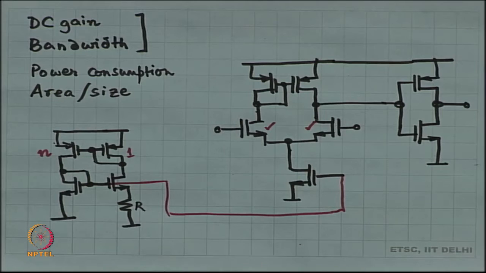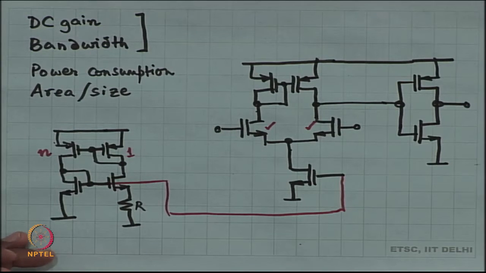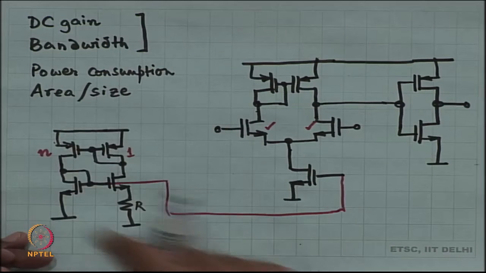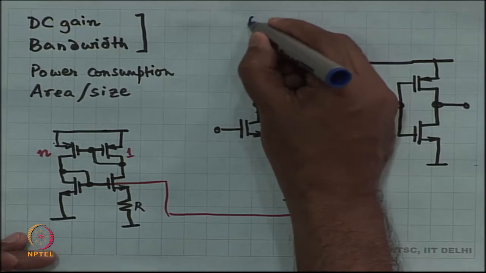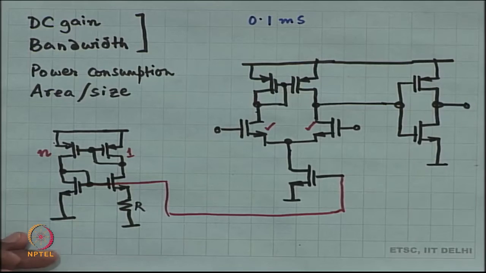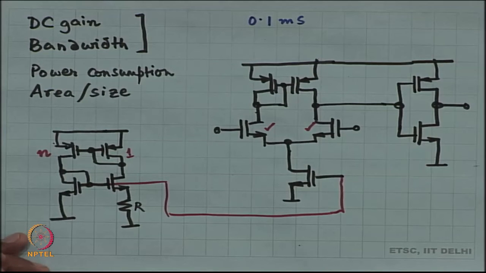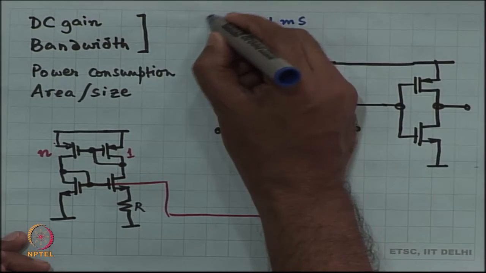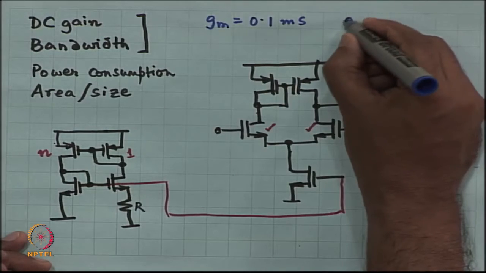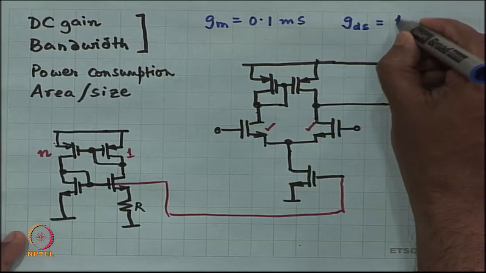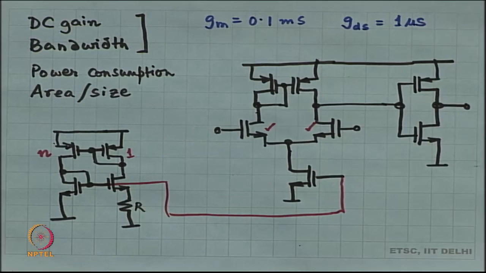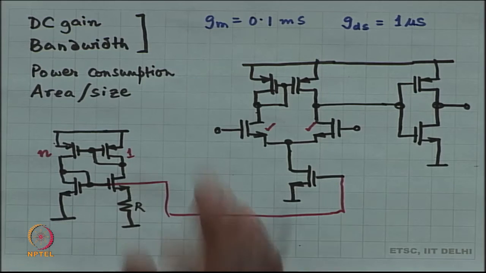So, let us say GM of all the NMOS devices after doing this constant GM biasing circuit is 0.1 millisiemens, all right, and for all the NMOS devices GDS, suppose that is equal to 1 microsiemens, fine.